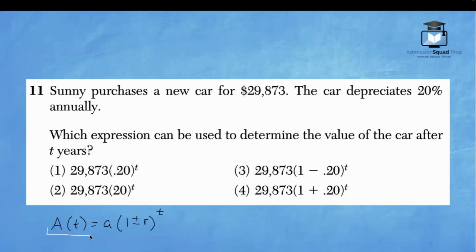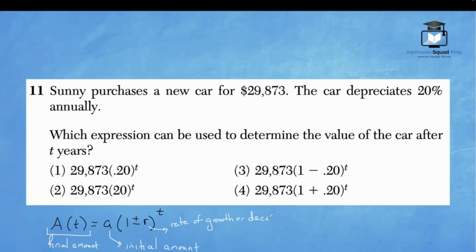This amount over here to the left represents the final amount. The a value right here is always going to be the initial amount. And our r value over here is going to be the rate of growth or the rate of decay.